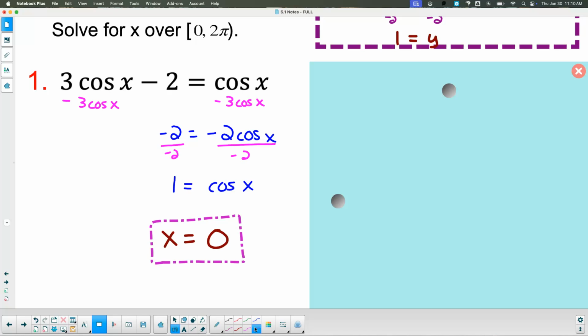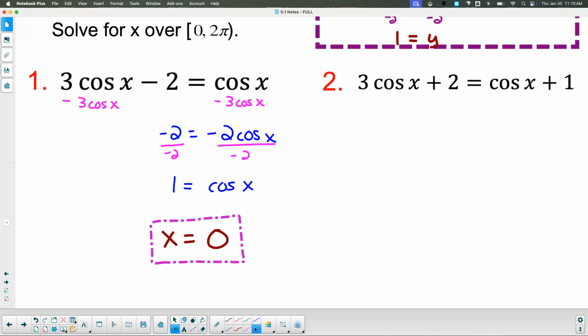Okay. Let's try number 2. Doesn't matter which order you do it in, or if you even just do it all at once. But here I'm going to subtract 3 cosine of x from both sides. At the same time, I'm going to subtract 1. If you want to do it in 2 steps, you do you.